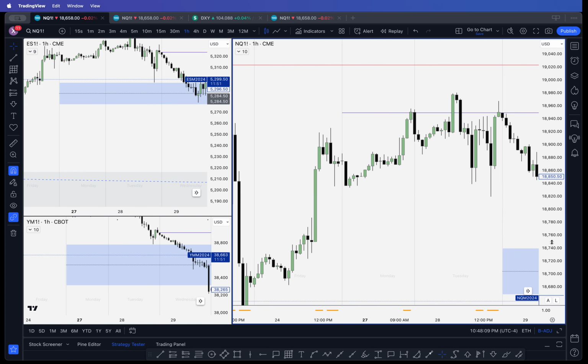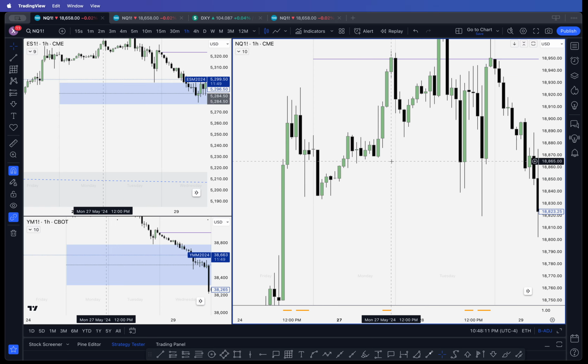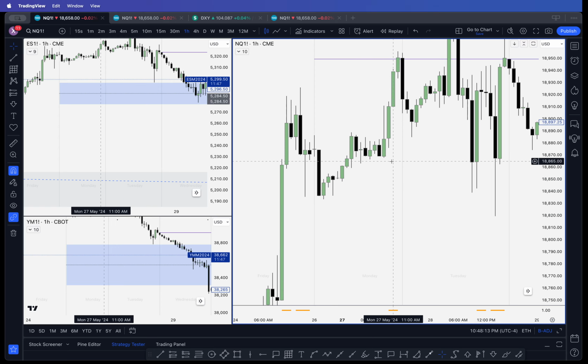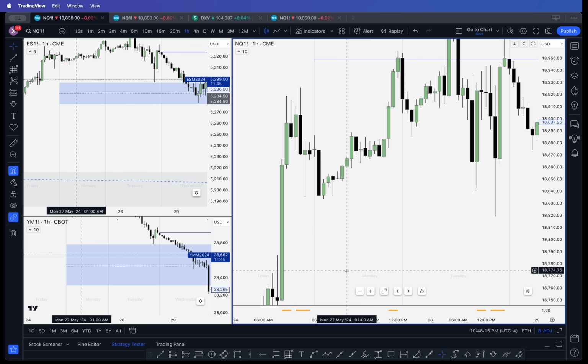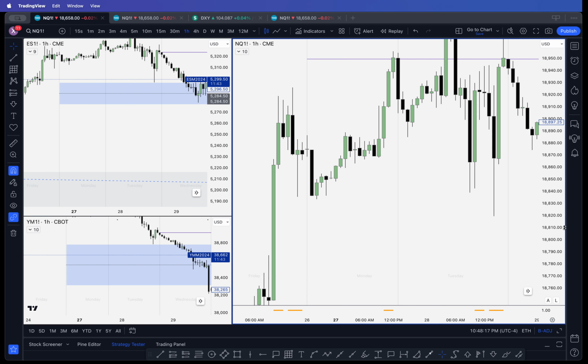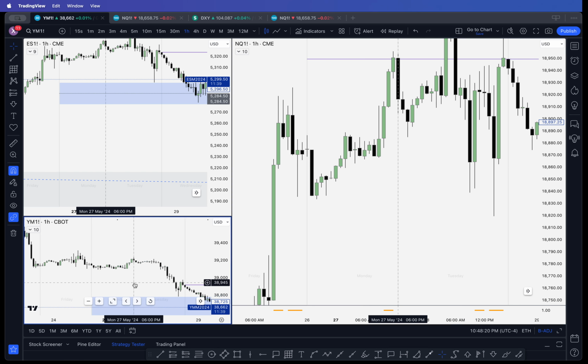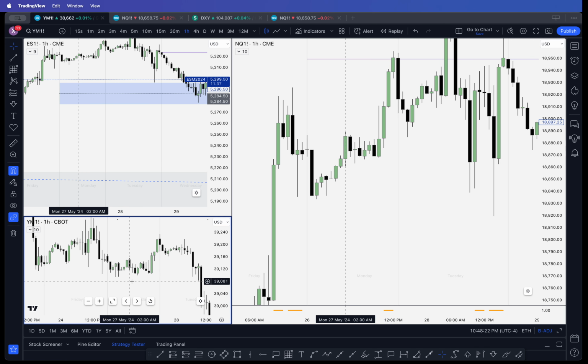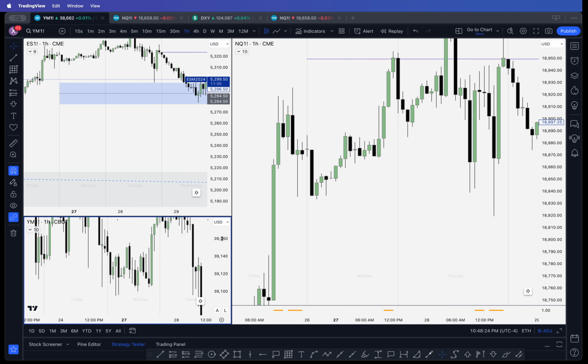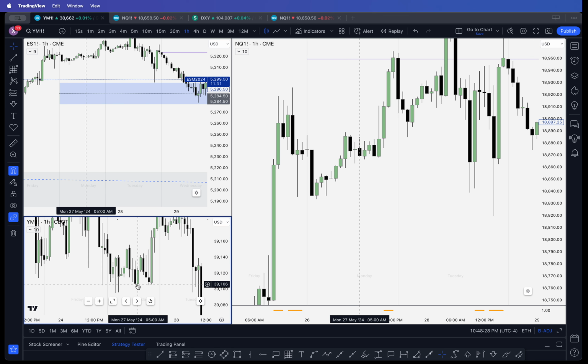I'm looking at more NASDAQ examples. This one's nice. I wonder if we form SMT right here. We form SMT here, it's really nice. Let me see. Yeah, that's nice.